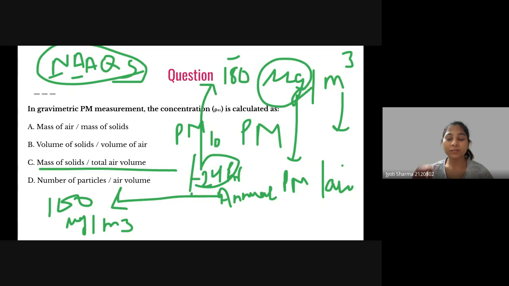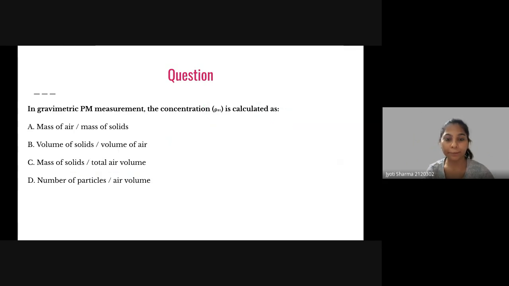So what is the safe value that we can have in the atmosphere? But if it is more than that, that will be hazardous for us, right? So CPCB has given one table. You can read about that table. And that unit is nothing but microgram per meter cube. This is nothing but mass of solid divided by total air volume.